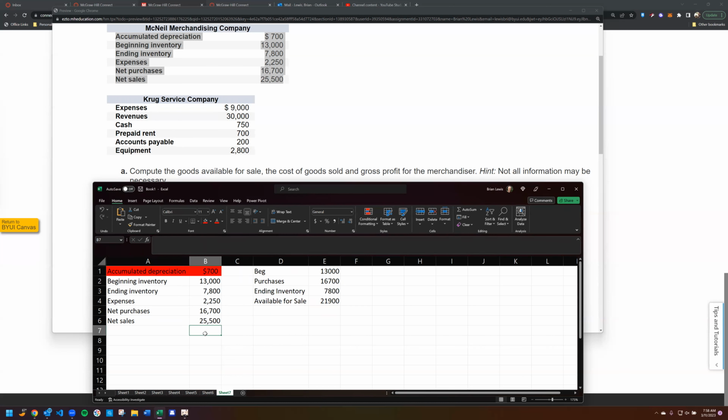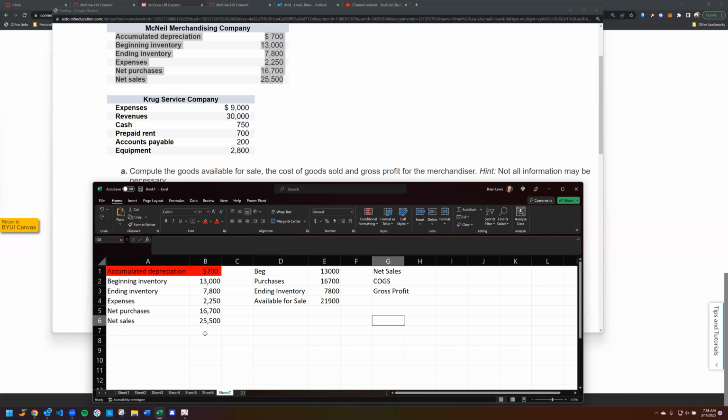Beginning inventory, goods available for sale, cost of goods sold, and gross profit. Let's think of the other one. Revenue, net sales, COGS, gross profit.